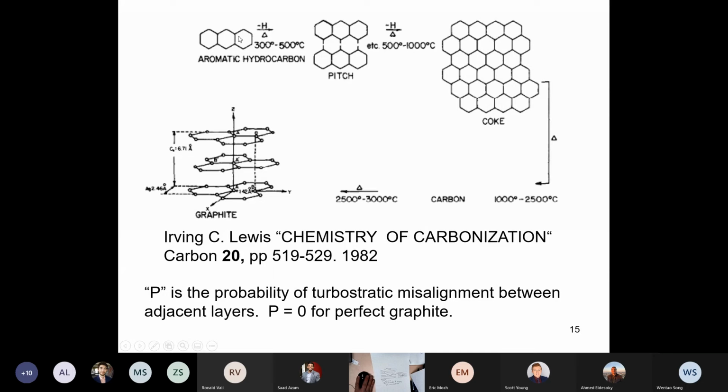It's about a hydrogen carbon ratio of about 1. But here the hydrogen carbon ratio is less than 1. And then as you heat treat more, these planar rings of carbon hexagons get bigger, and you've lost more hydrogen as well, okay?